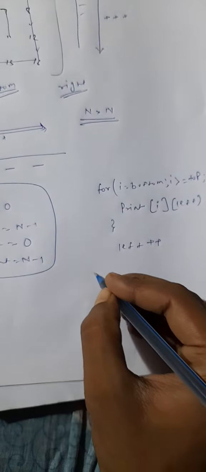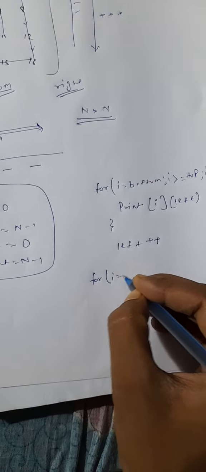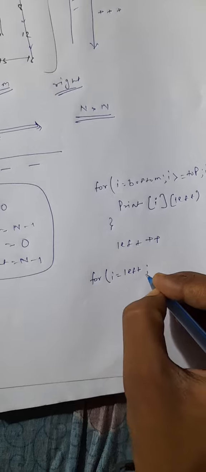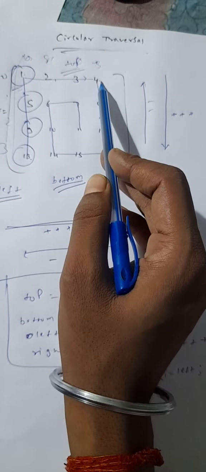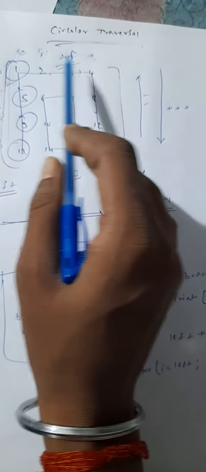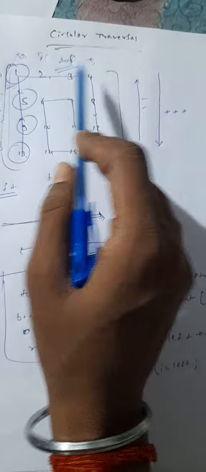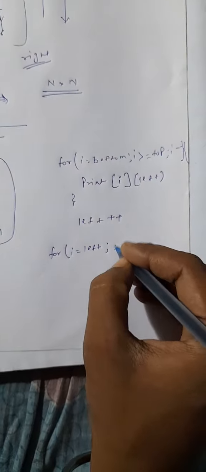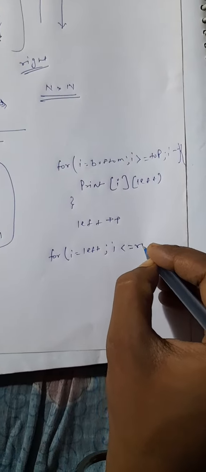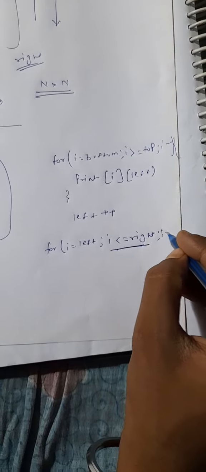So for that we can use a for loop. i equals left, and right is always greater, guys, because in the starting I told you when we go left to right it's increasing, and that means right is greater than left. So i less than or equal to right, and i plus plus.